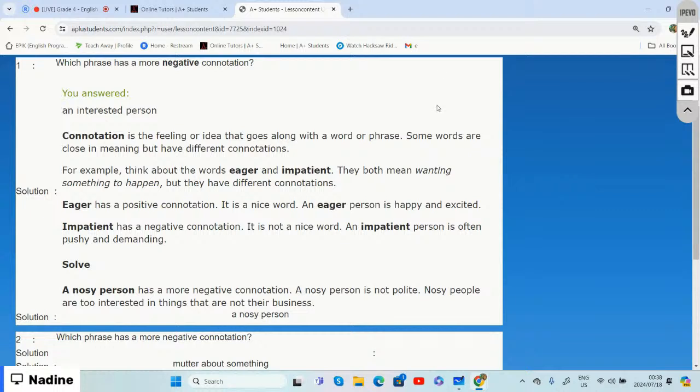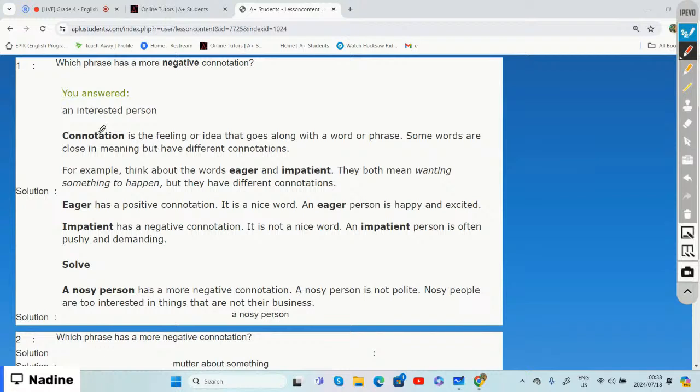Connotations are the feeling or idea that goes along with a word or a phrase. Some words are close in meaning while others have different connotations.